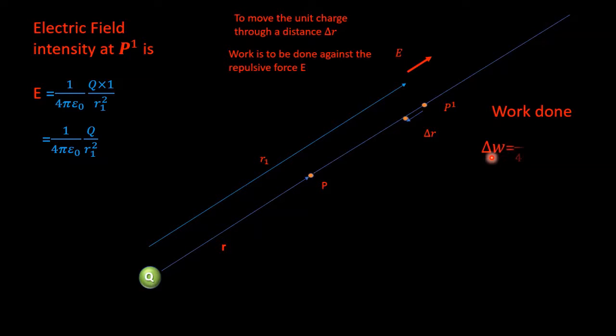Therefore, delta W, a small work done in moving through a distance delta R, is equal to 1 by 4 pi epsilon 0 Q by R1 square dot delta R. Here, the electric field and the displacement are in opposite directions. Therefore, delta W is equal to minus 1 by 4 pi epsilon 0 Q by R1 square delta R. The angle between E and delta R is 180 degrees.